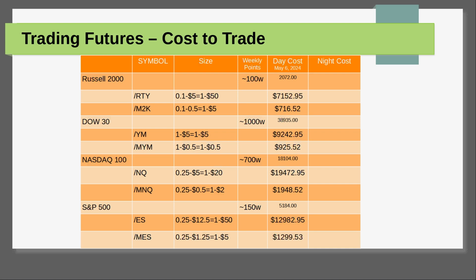All right, with these contracts, the Russell trades in 1/10 of a point. The Dow trades in 1-point increments. The NASDAQ and the S&P trades in quarter points.